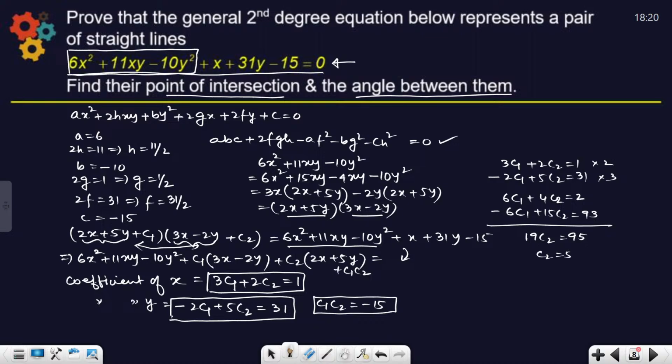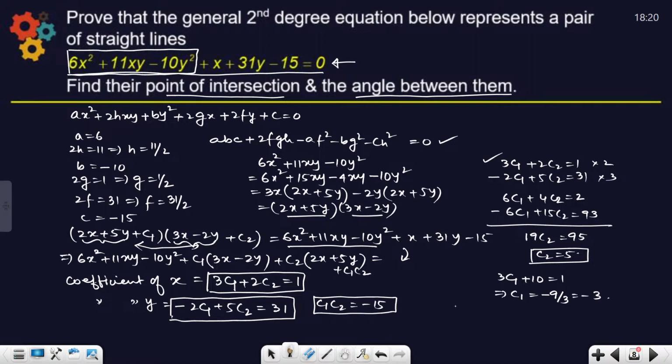So C2 is coming to 5. Now put C2 value in any of this equation. Let me put it here. So we are going to have C1 is -9/3 gives us -3.